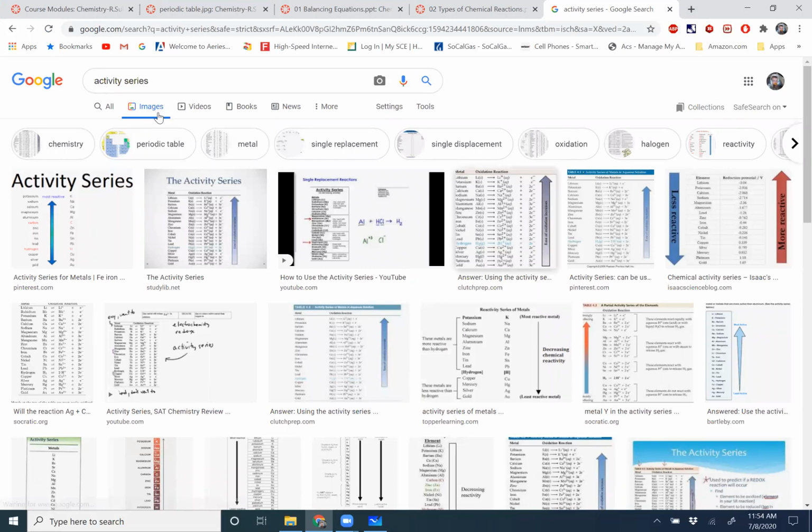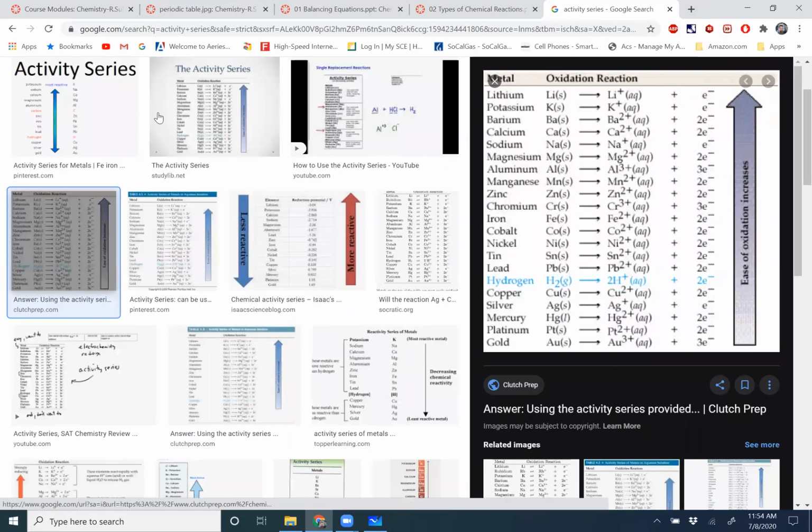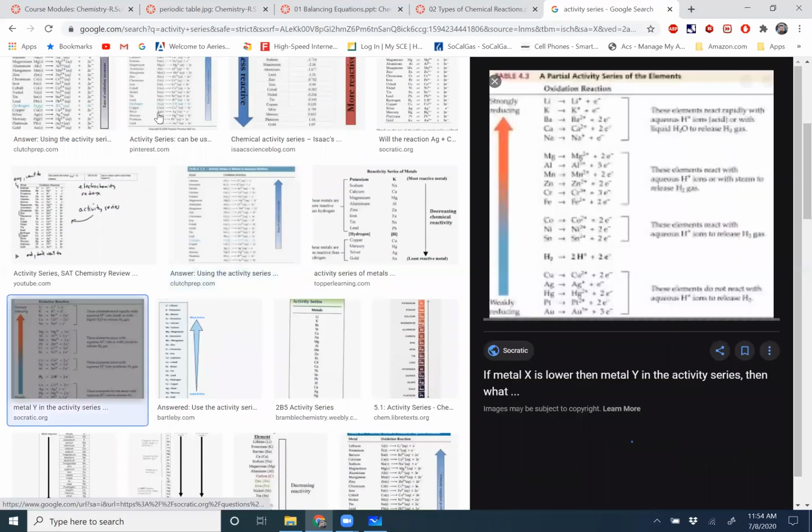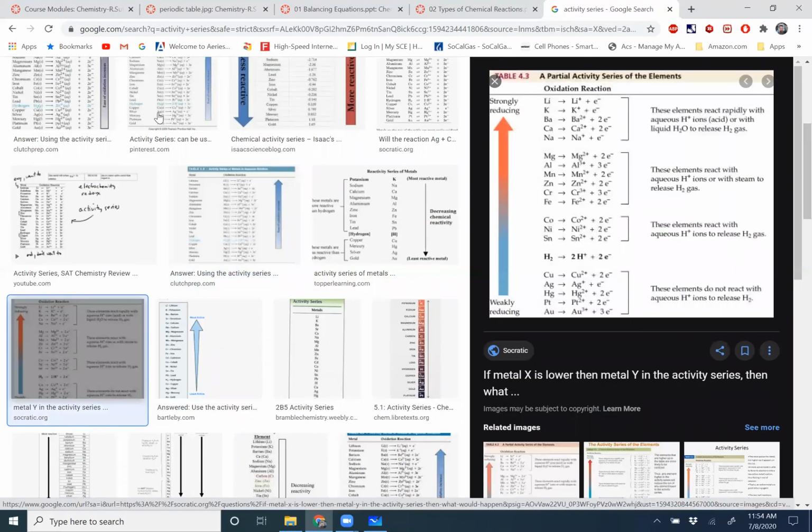This one is from either your textbook or one of the other ones that they basically take from each other. Here's another good one. And then sometimes you'll have one that, this one was very popular with my students when I asked them to make me a poster of the activity series. They all kind of made this one and put it up on the wall.